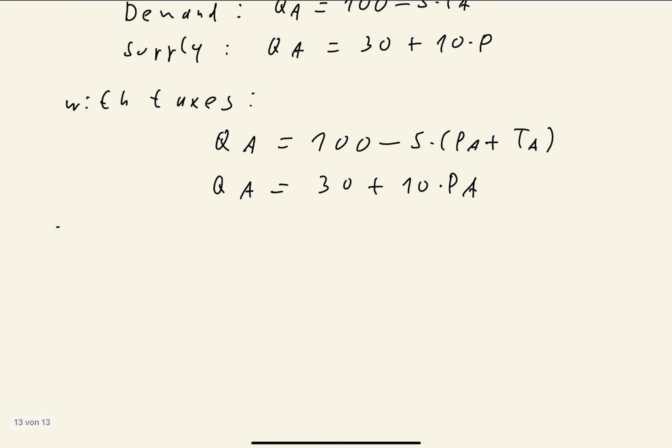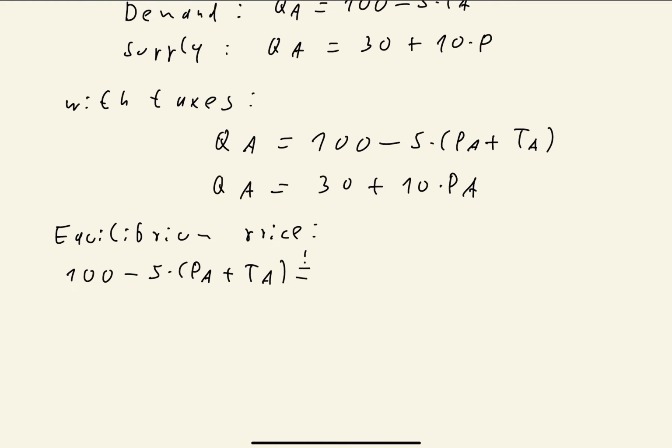So the equilibrium price is the first thing that we need to find out. For this, we set the demand and the supply function equal: 100 minus 5 times PA plus TA is equal to 30 plus 10 times PA. If you solve this, you get an equilibrium price of 14 divided by 3 minus TA divided by 3.